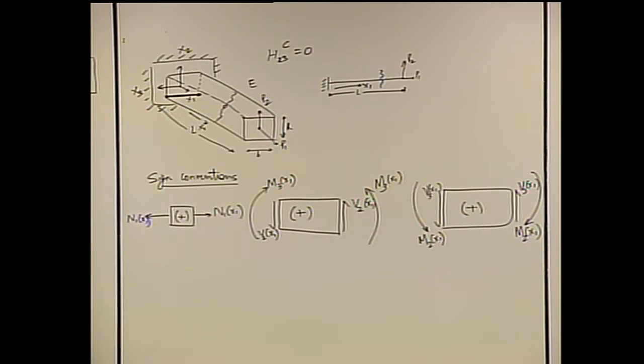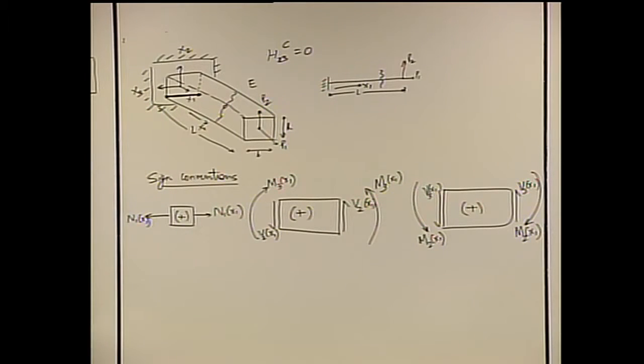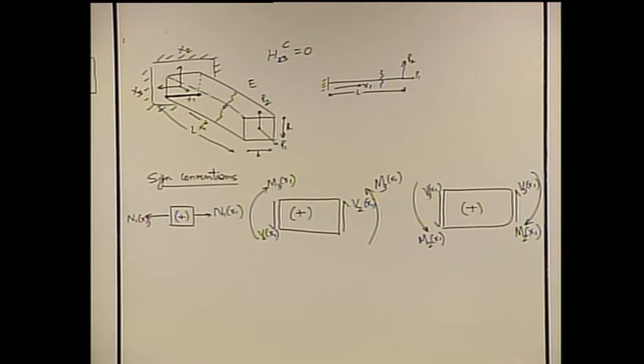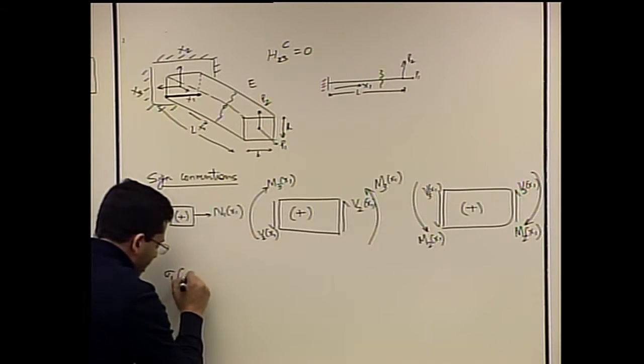So there should be some location where the stresses are 0, right? Why is it important to find out where the stresses are 0? Because we do not need material there. If the stresses are 0, the beam doesn't need to support any loads there, so we can take off the material from there, right? So it's an important consideration in engineering design. So let's find out where the stresses are 0.